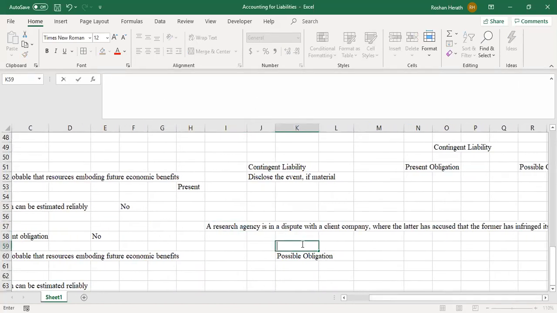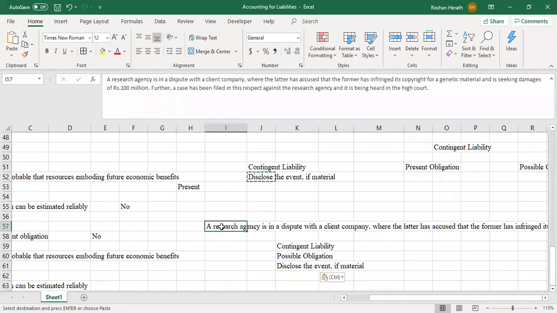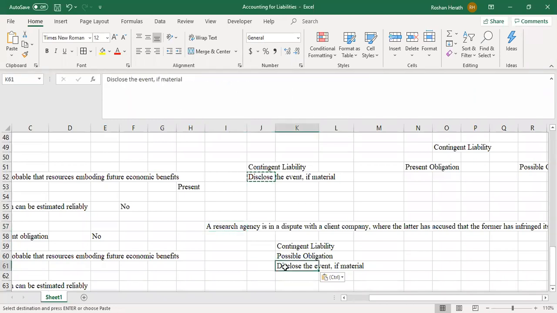In this situation, what you can do is disclose a contingent liability, again if the impact is material. Here you can see that the claim is 100 million, so it's a huge amount. Therefore, it is better to disclose this since the amount is material.